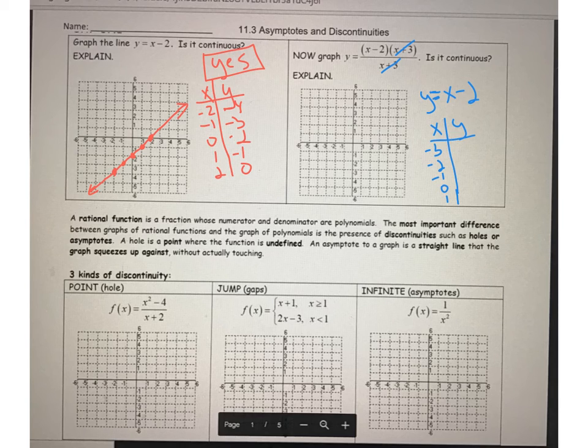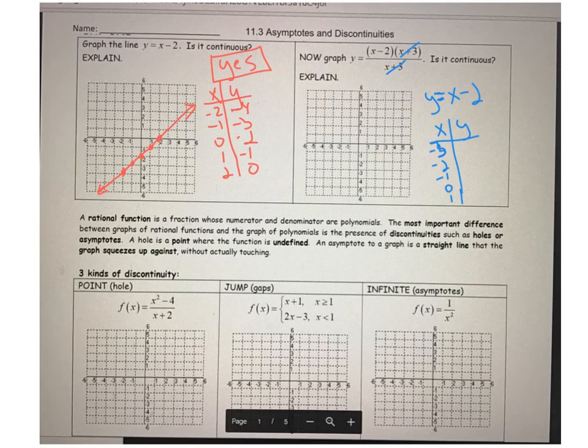I'm going to be dividing by -3 plus 3, which is 0. I can't divide by 0. That is undefined. So actually, I end up with a hole at -3.